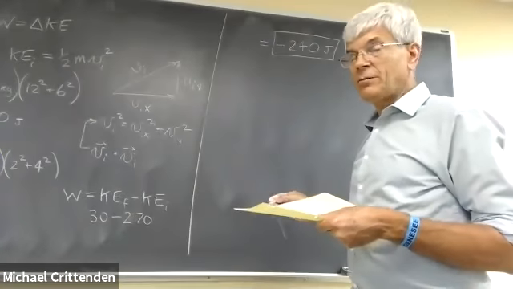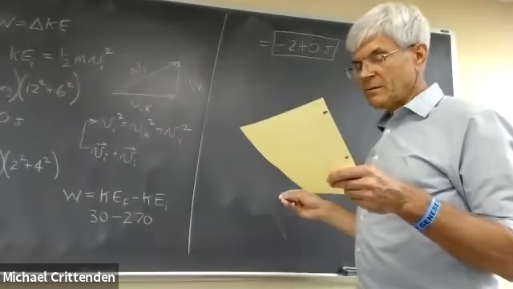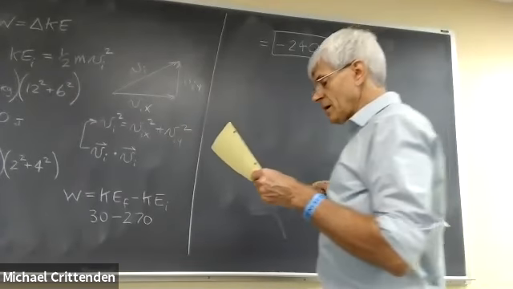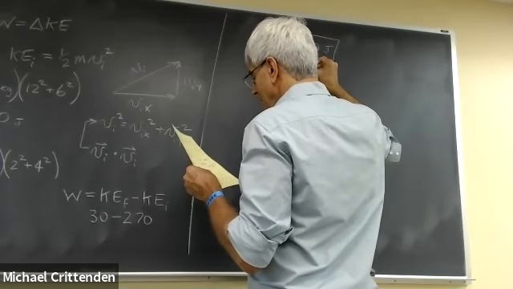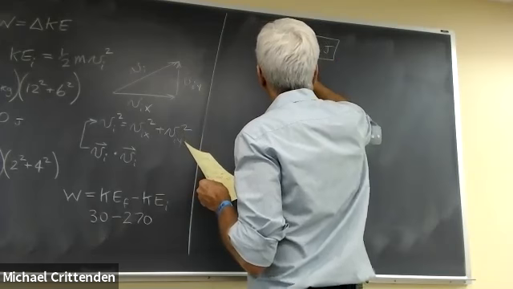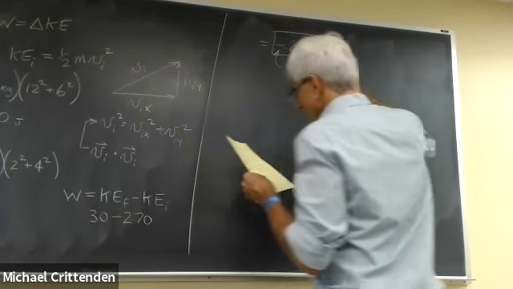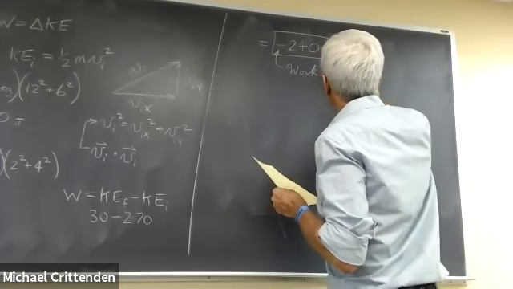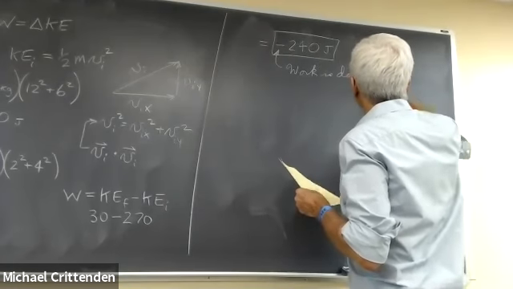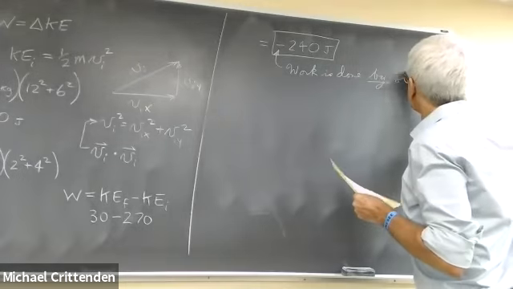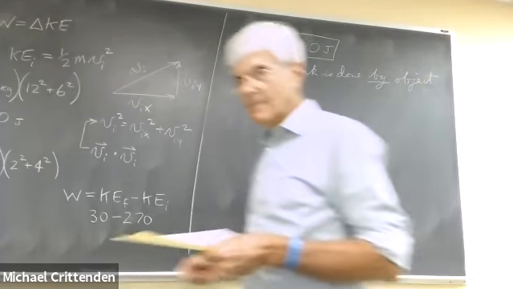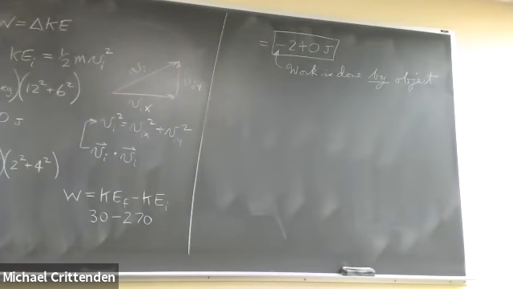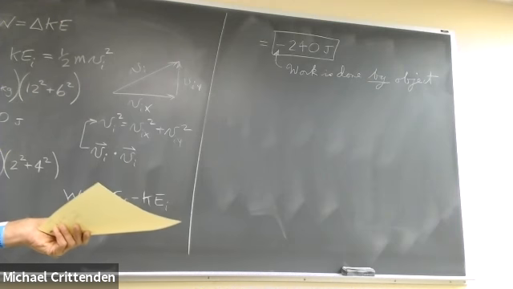And as I've already explained a few times, but maybe phrasing it a little differently, the minus sign means work is being done by the object. If work is done on the object, then the work would be positive.